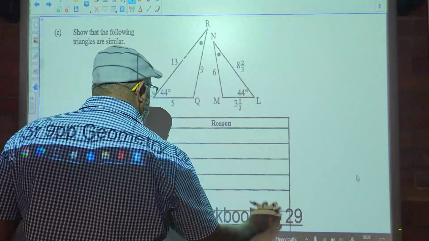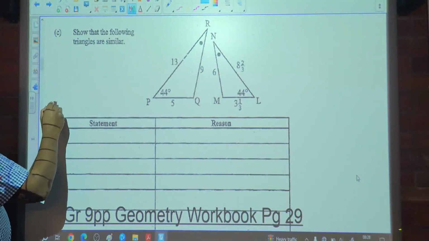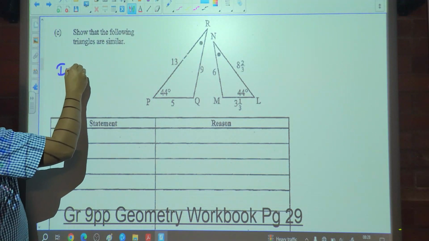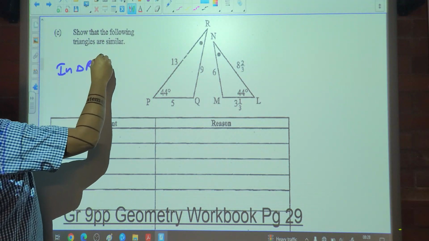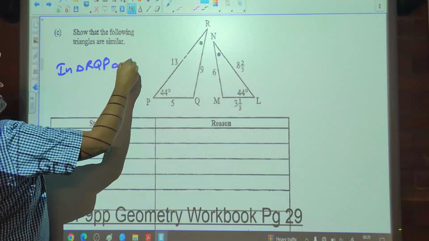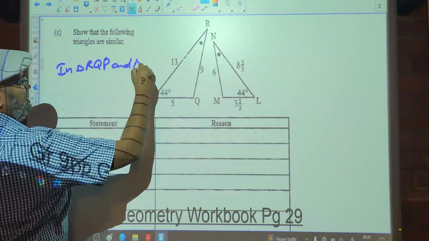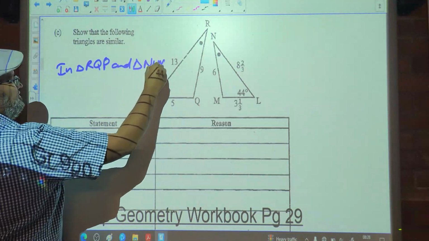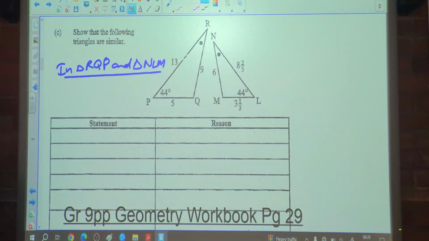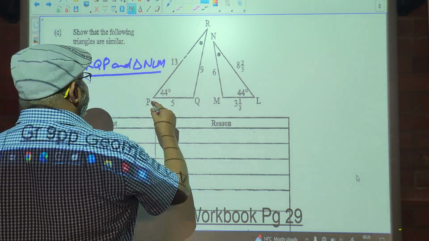We say that in triangle RQP and triangle NLM. The order doesn't matter here, but in conclusion the order is going to matter. Why? Because we know that from here you're going to get a length question. So then the order matters to us.